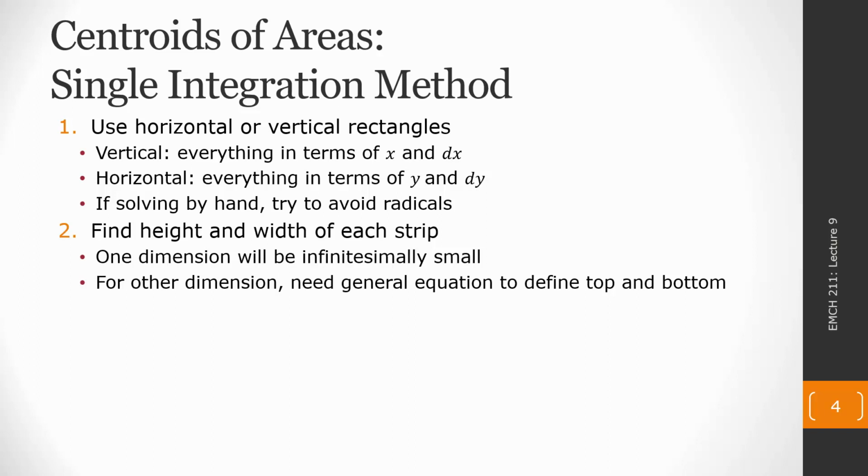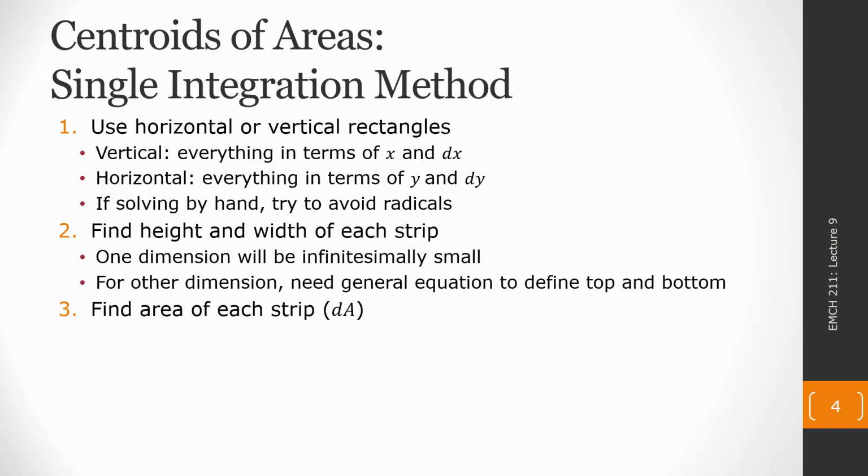So we need to know where the top of any one strip is located and where the bottom of any strip is located. Once we can describe the height and the width of every one of the strips, then we're going to be able to find the area of each strip. The area of a single strip will be referred to as dA when we get into the calculations, but really we are going to be, when we're doing the integral, using some function of x times dx or a function of y times dy, depending on horizontal or vertical strips.